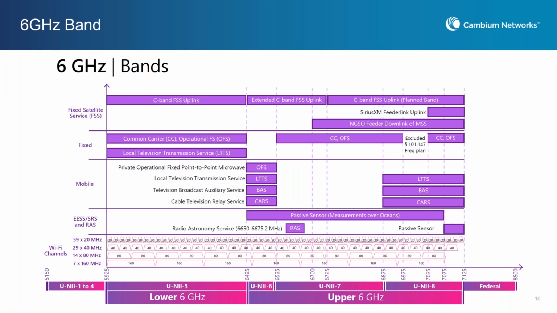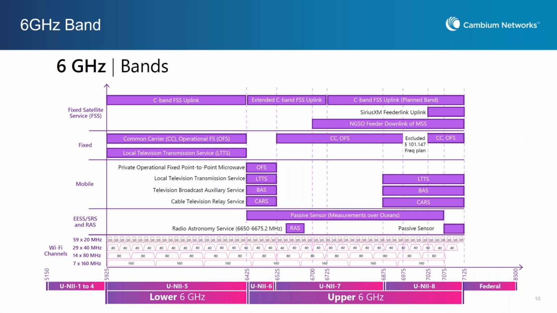And for the WISPs in North America facing interference on 5 gig, this additional spectrum really opens up a huge opportunity to provide higher bandwidth to end customers. So we're monitoring and building products that fully leverage the frequencies and channels that we are going to get out of 6 gig.